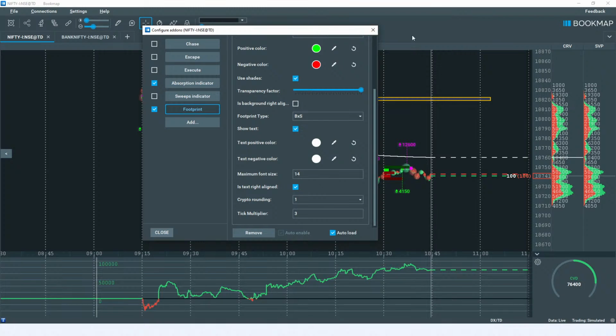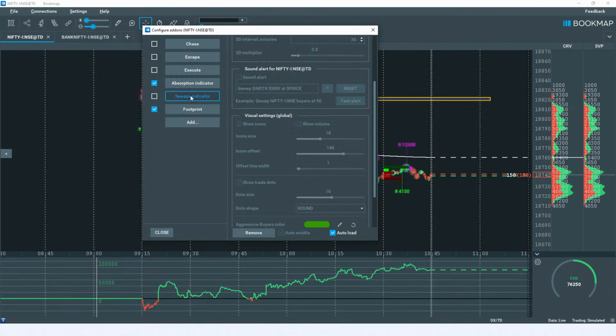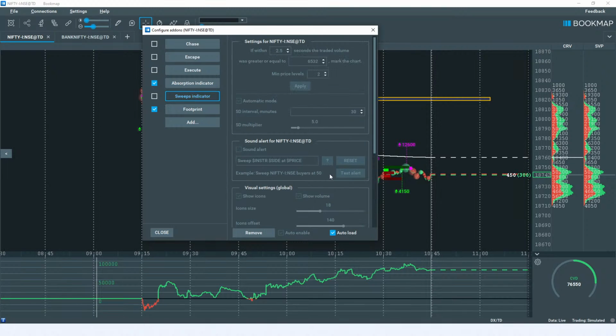And someone is asking about the sweeps indicator. Similar to the absorption indicator, there is one more indicator called the sweeps indicator. This is a little tricky to understand, but I will simplify it for you. Sweep basically means the immediate momentum. Immediate momentum will be identified by the sweeps indicator. It is almost similar to the absorption indicator, but there is a major difference.